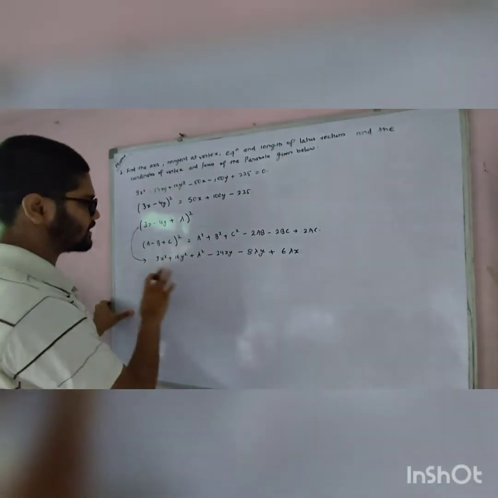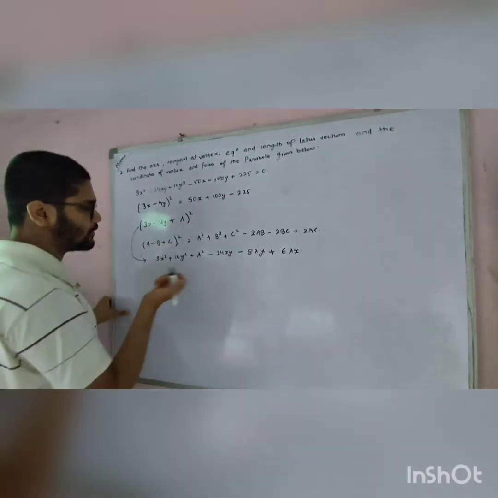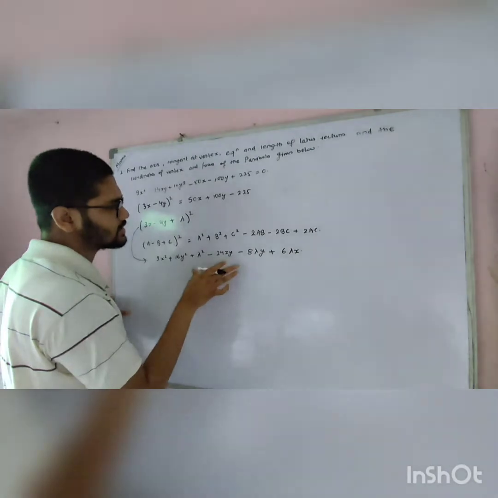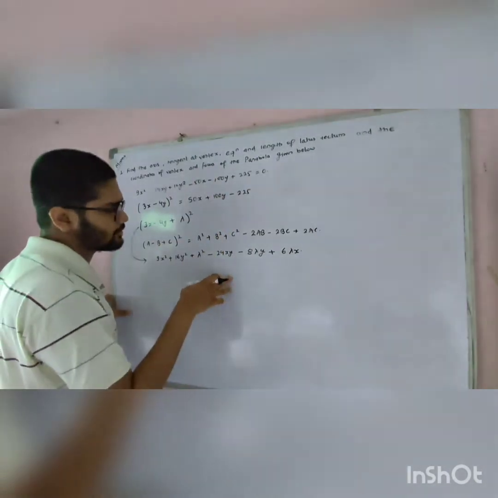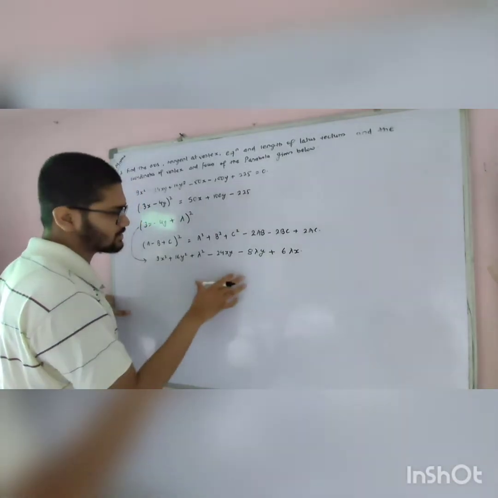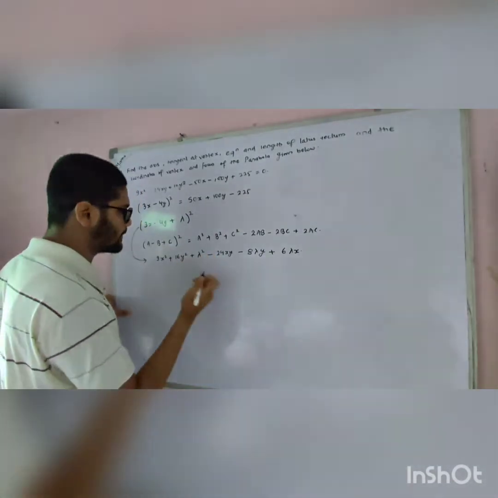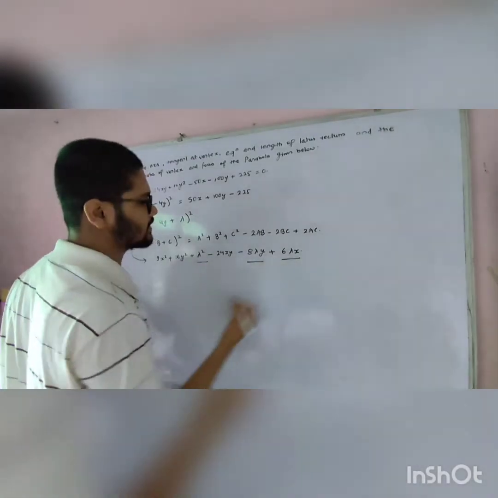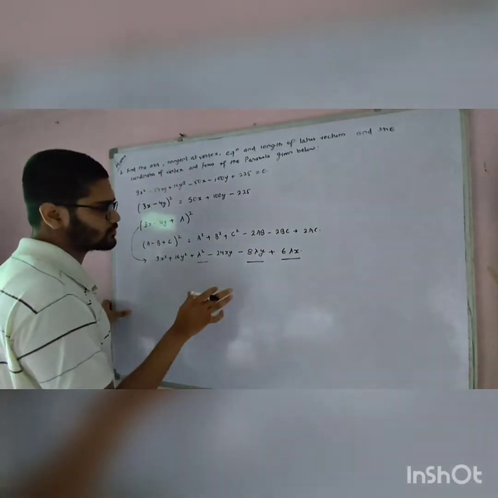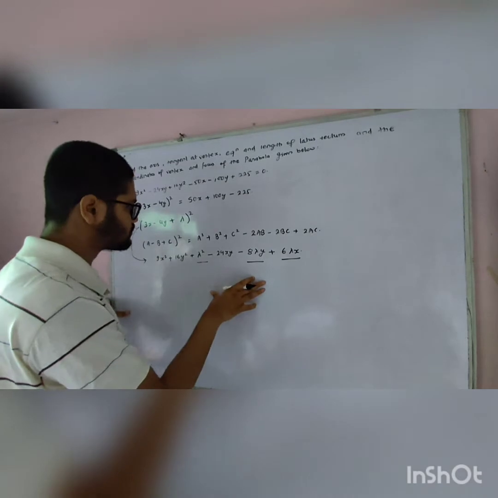If we clearly look at these terms we will find that there are some terms which are unnecessary and not present in the original equation. So we have to omit these terms. Lambda square, this and this, these are the three terms which need to be omitted.